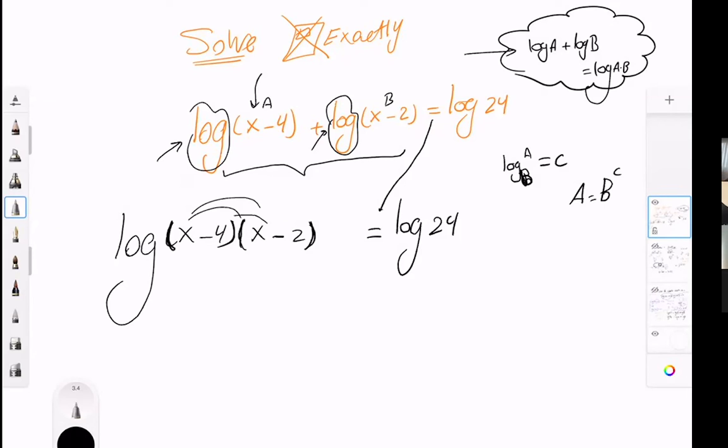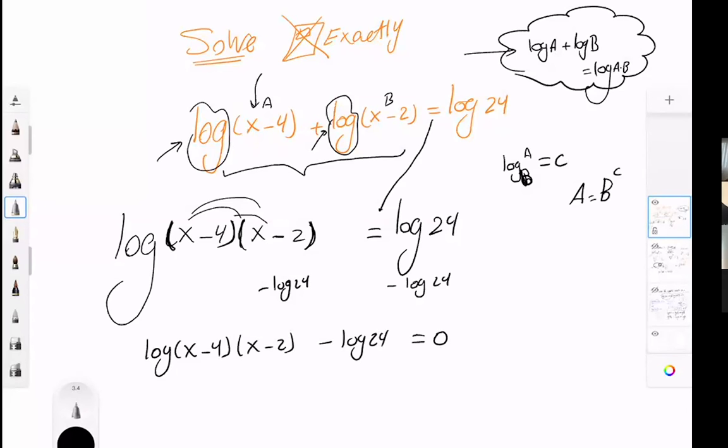Okay, so there are two ways we can solve this one. I can subtract log of 24 from both sides. I'm going to get log of x minus 4 times x minus 2 minus log of 24 equal to 0, correct?